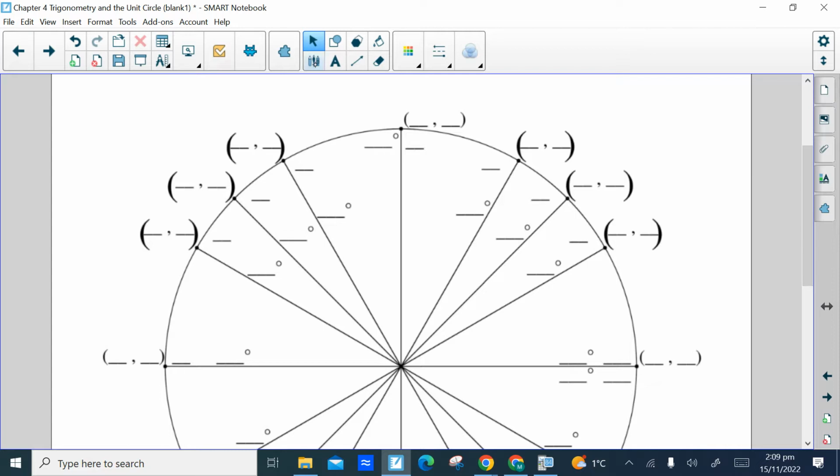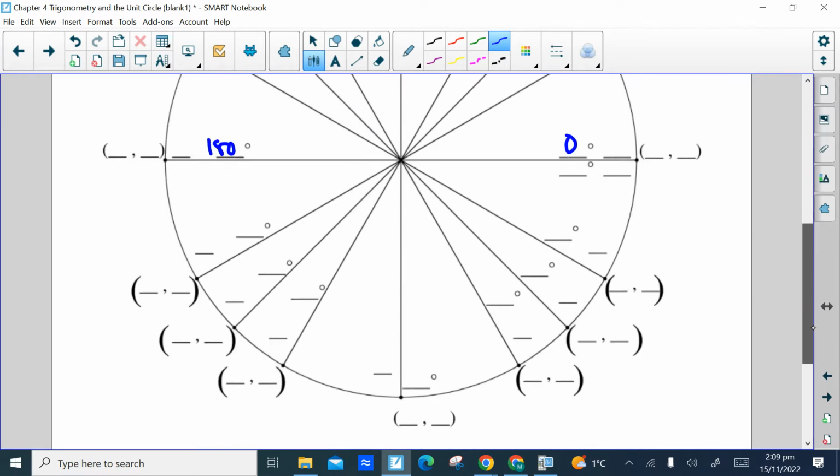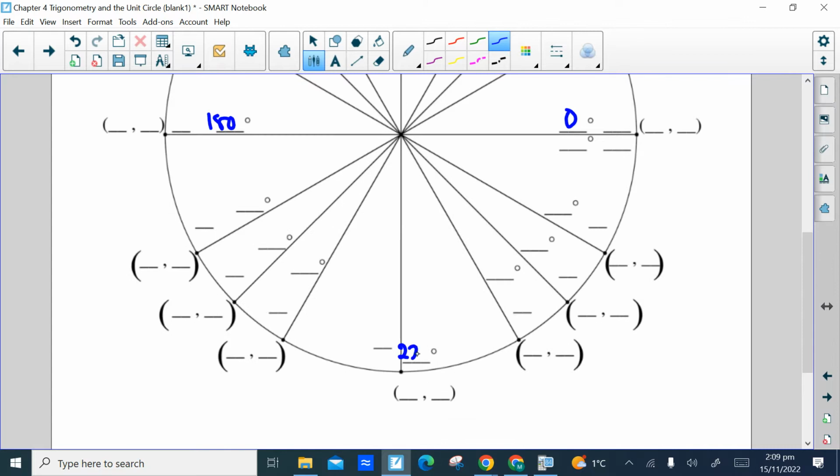So starting with degrees, we start on the positive x-axis, that's 0 degrees. And then we have 90 degrees. We have 180 degrees. At the bottom, it's 270 degrees. And then back to the start, that's one complete revolution around the circle, or 360 degrees.